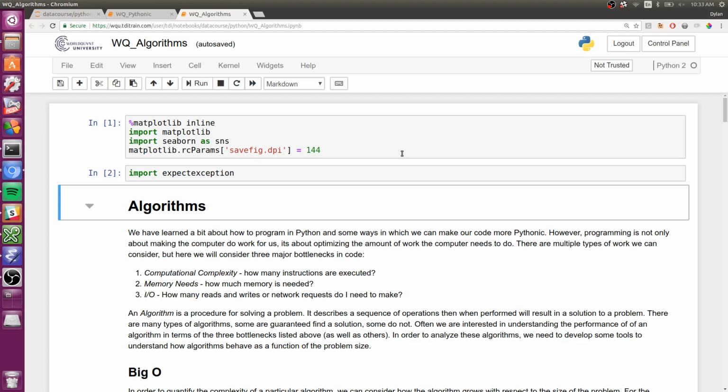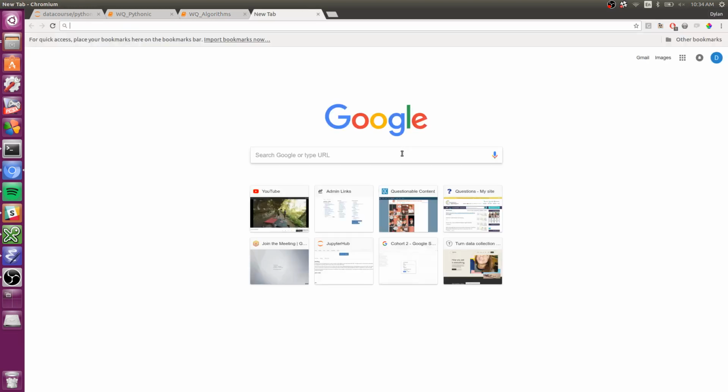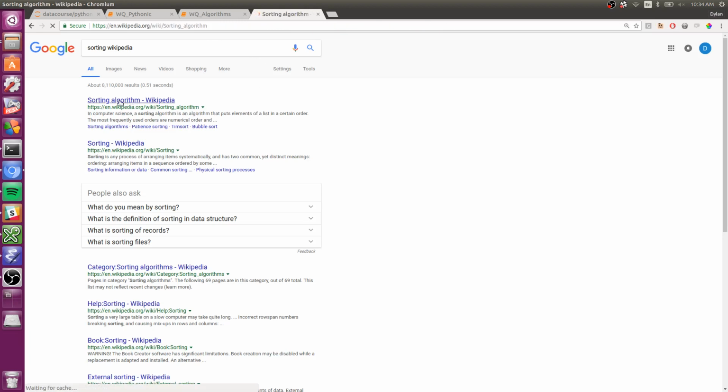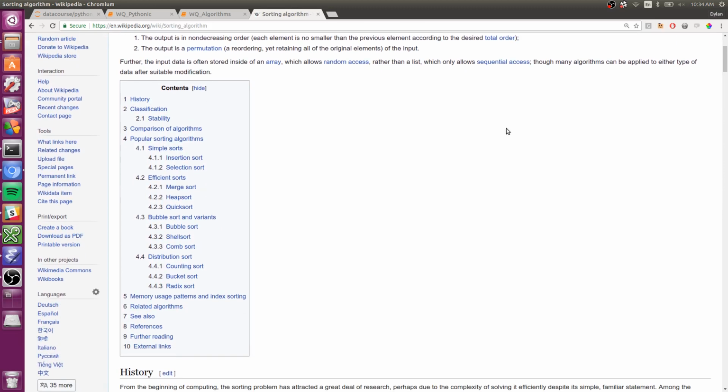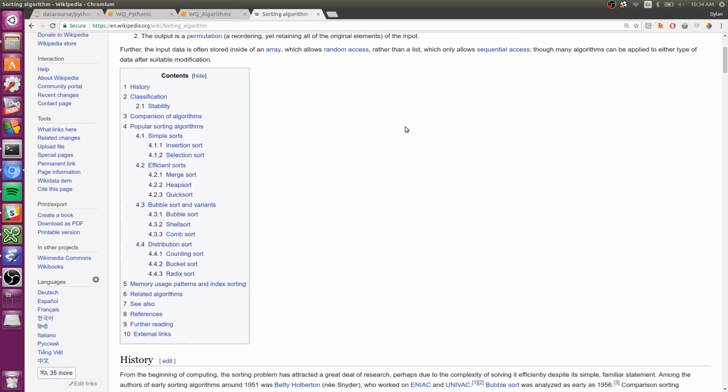So for instance, there are algorithms for calculating prime numbers. There are algorithms for factoring integers. There are algorithms for conducting search. There are algorithms for sorting. So, for instance, here is the sorting algorithm page on Wikipedia, and there's a lot of information here about different sorts.